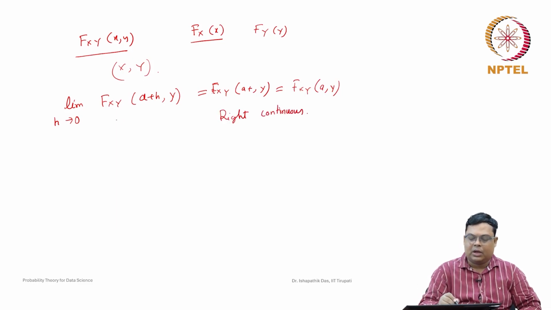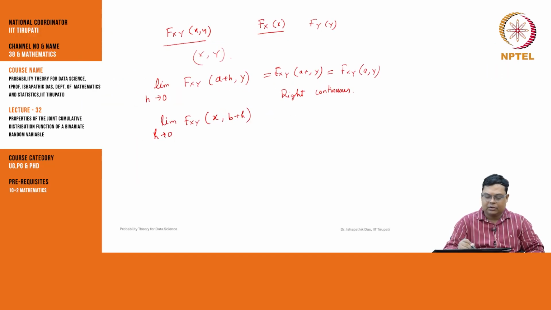Similarly, for the other coordinate we can show that F_XY of x, b plus is the limit as h tends to 0 of F_XY(x, b plus h), where h is a positive number tending to 0, and this equals F_XY(x, b).